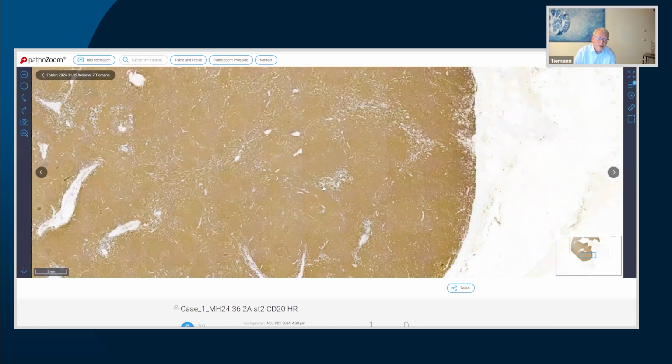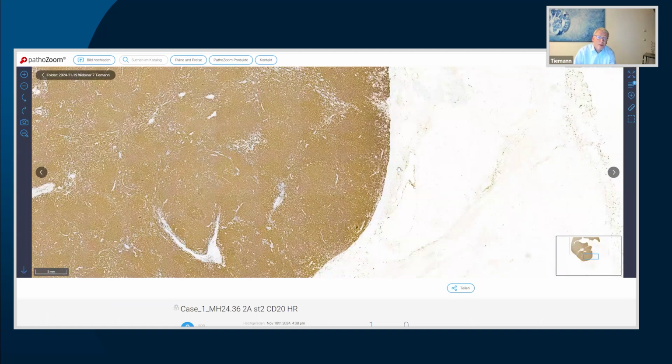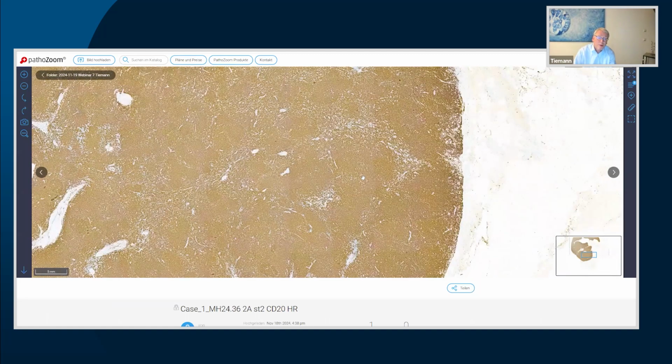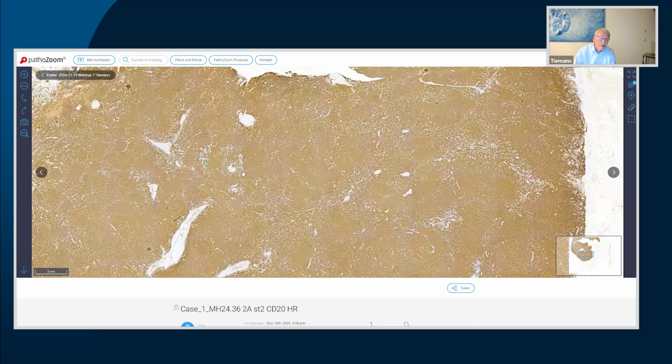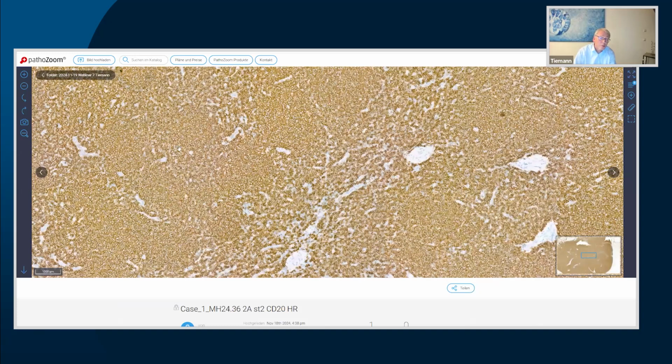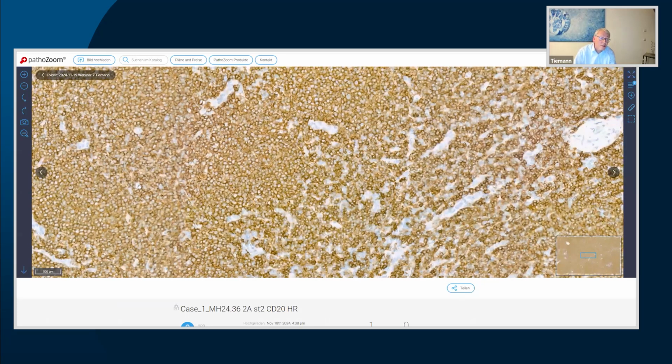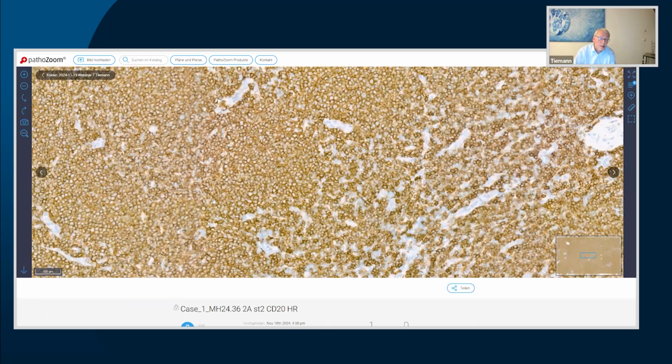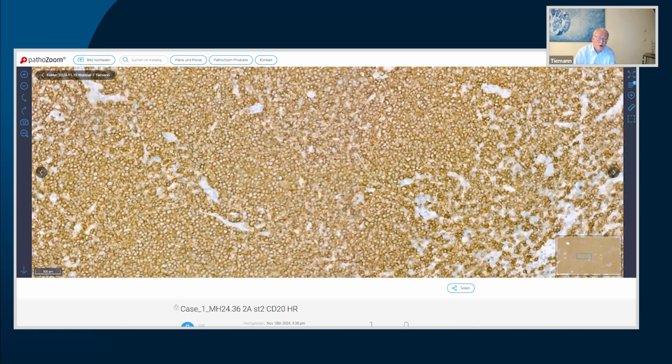And again, you see the same picture as within the tonsil, a pseudofollicular growth pattern, small cells, some vessels intermingled, and most of these cells are B cells.